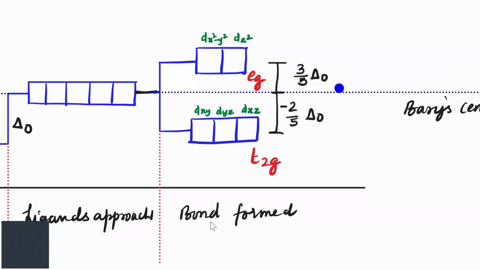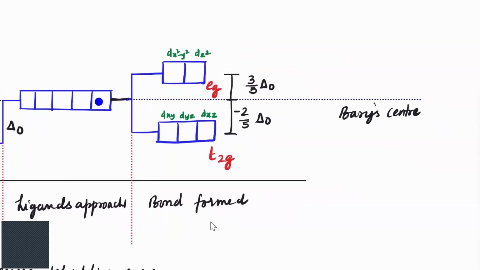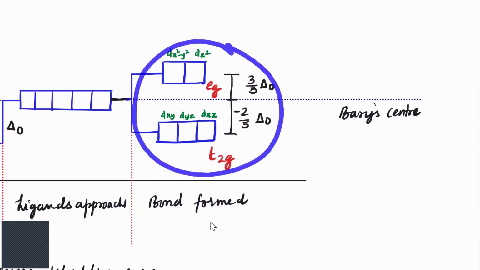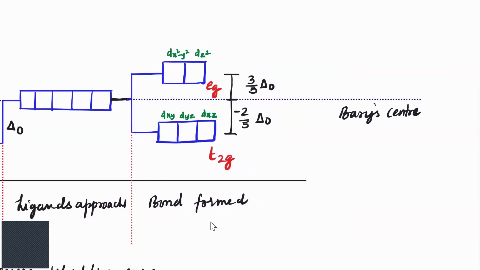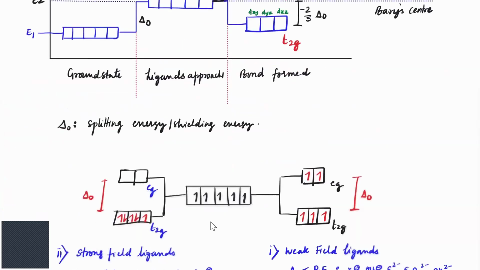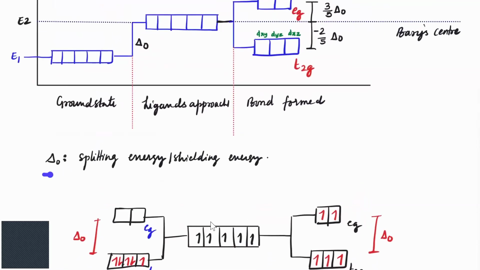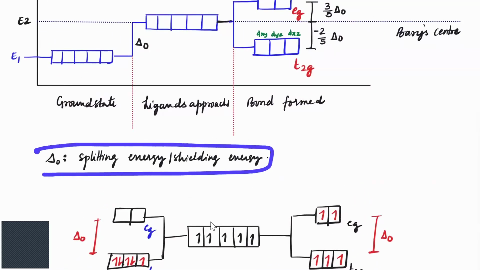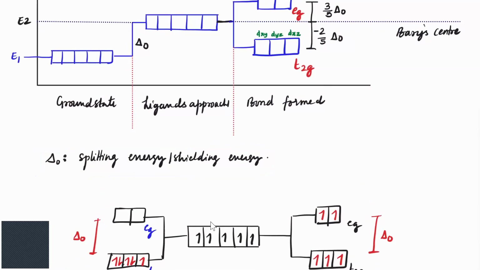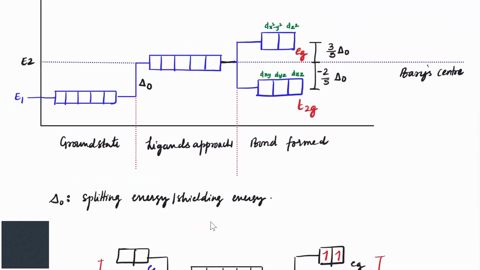So this much amount of energy is raised above and this much amount of energy is lowered below. The central energy line is called the barycenter. After the bond formation, usually this is the situation we will have. And the delta naught that we are talking about is called the splitting energy or shielding energy, everybody.